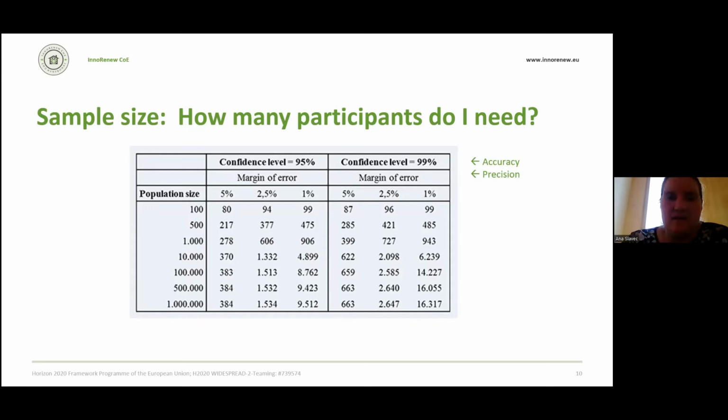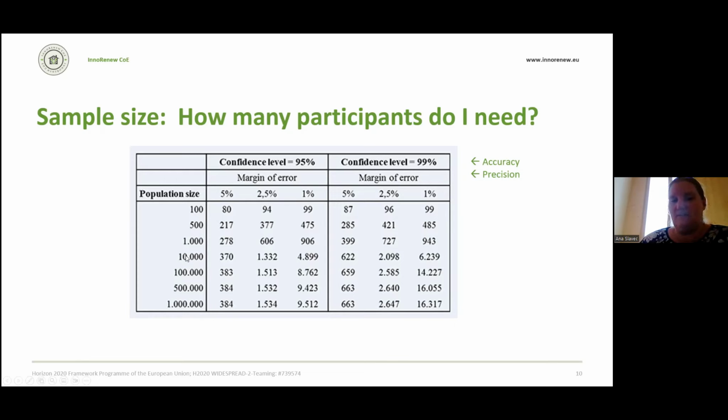Here is a table with some calculation. What is the suggested sample size for different population sizes, and for the desired confidence level and margin of error? And you can see that with the population size, it first increases. The larger the population, the more units you need.